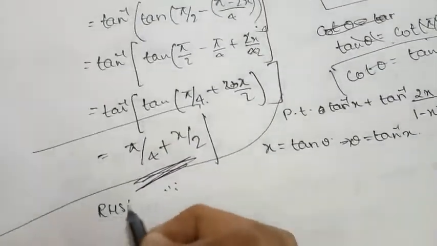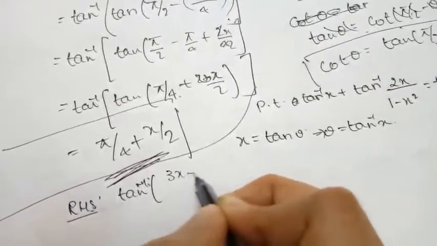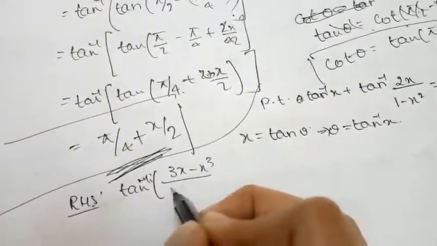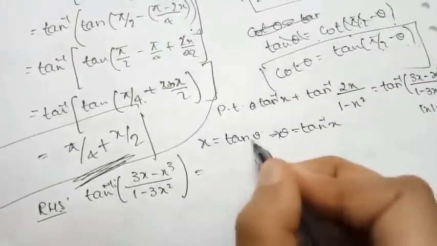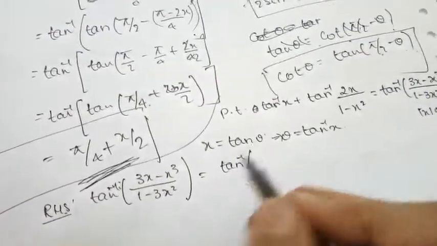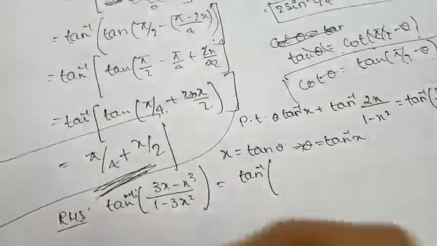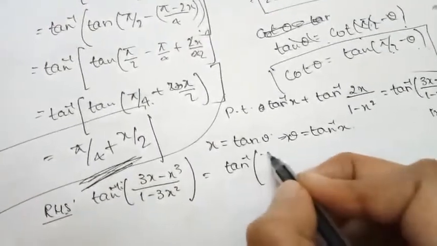What is our RHS? That is tan inverse of (3x minus x cube) divided by (1 minus 3x square). I took x as equal to tan theta. Why did I take tan theta? By looking at this, you might have thought of one of the identities. So that's why I have taken x as tan theta.